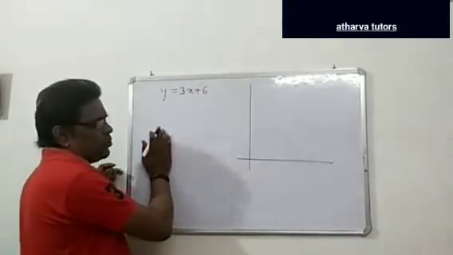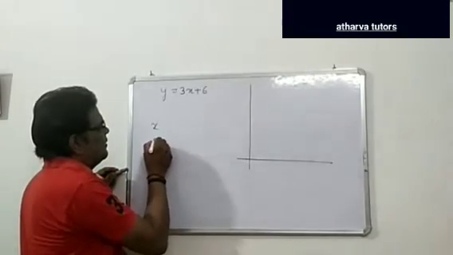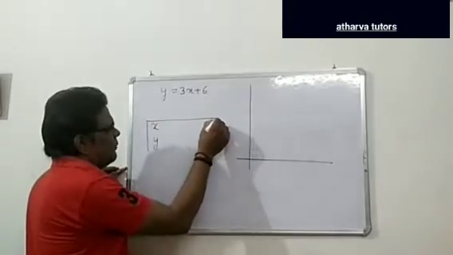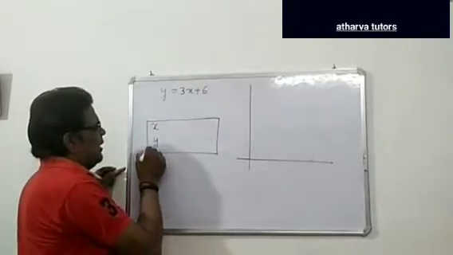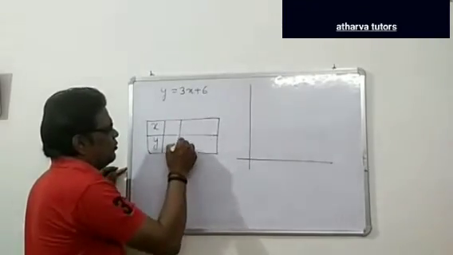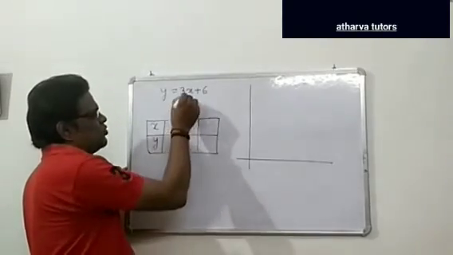take 2, 3 values, like you used to make columns for x and y. You used to choose any arbitrary value, and based on that value you used to plot the graph. Suppose I take 3 arbitrary values. First I take x equals 0.